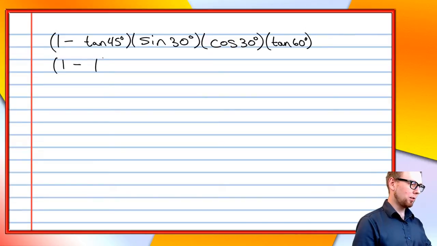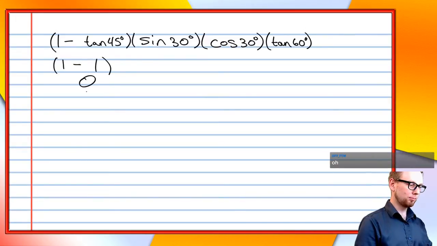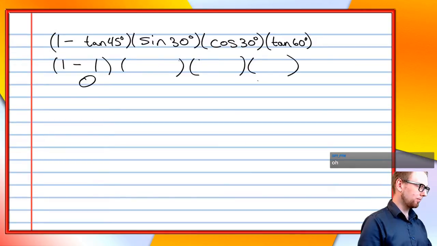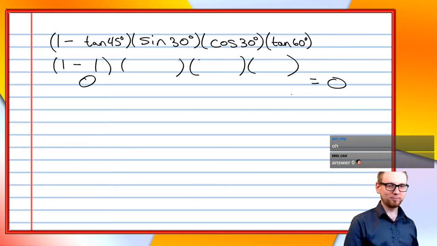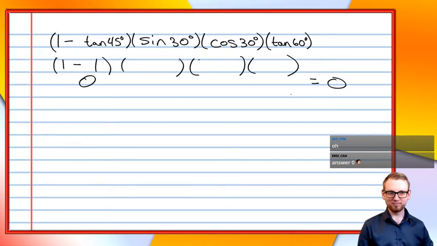One minus 1 is 0. Which means what? 0 times whatever the rest of this is is 0. Well, that was quick.